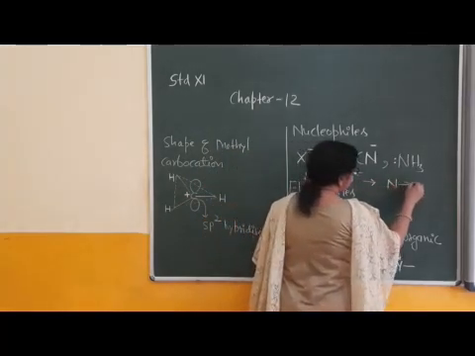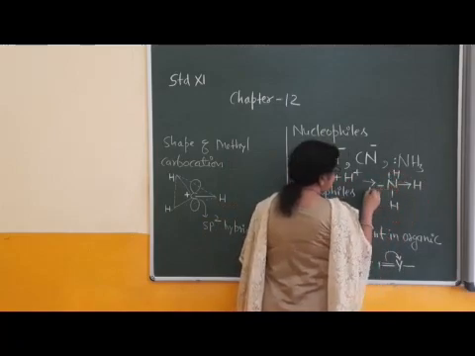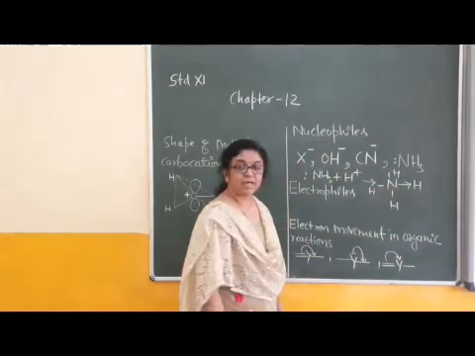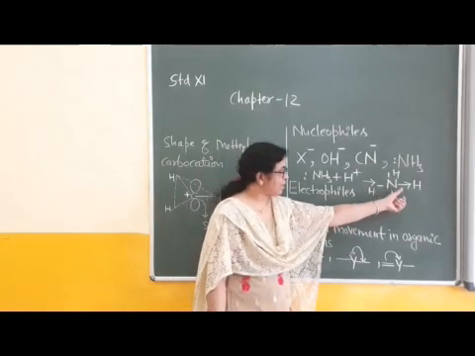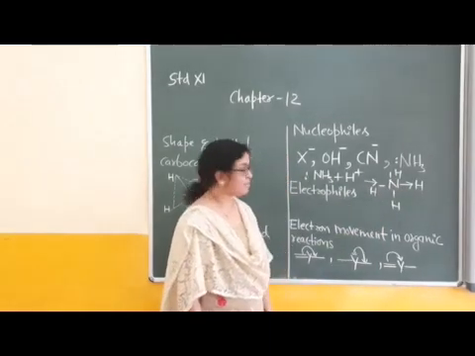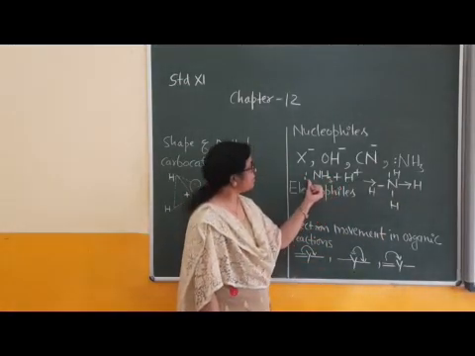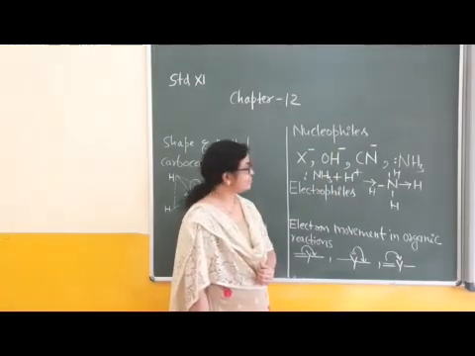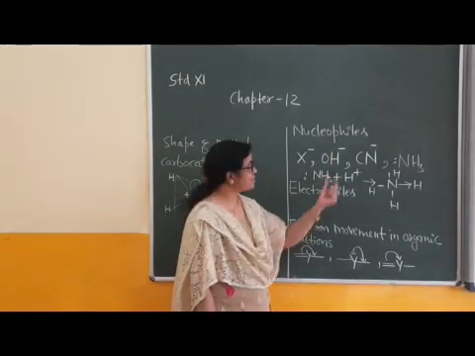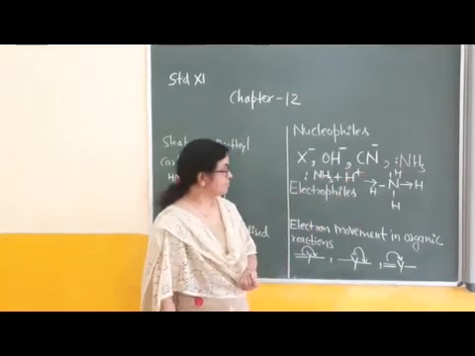And this new bond is a covalent bond, NH4 plus. NH4 plus ion, this is a coordinate bond. Lone pair of electrons acts as nucleophile. Reaction between H plus and Cl minus, formation of HCl.